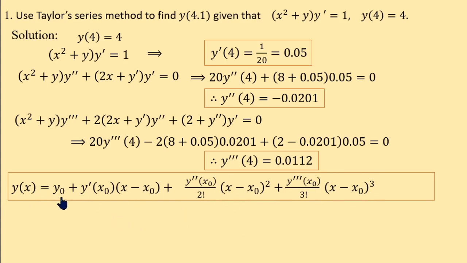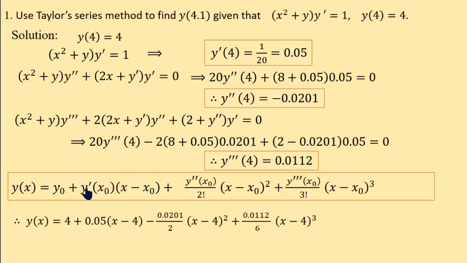Carefully substitute the values. y naught is 4, x naught is 4, and hence y at x becomes 4 plus y dash, which is 0.05, into (x minus 4), since x naught is also 4. Then minus, why is it minus?